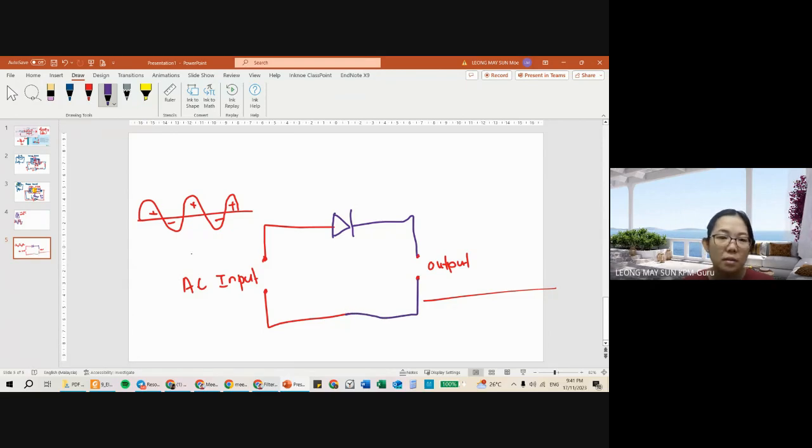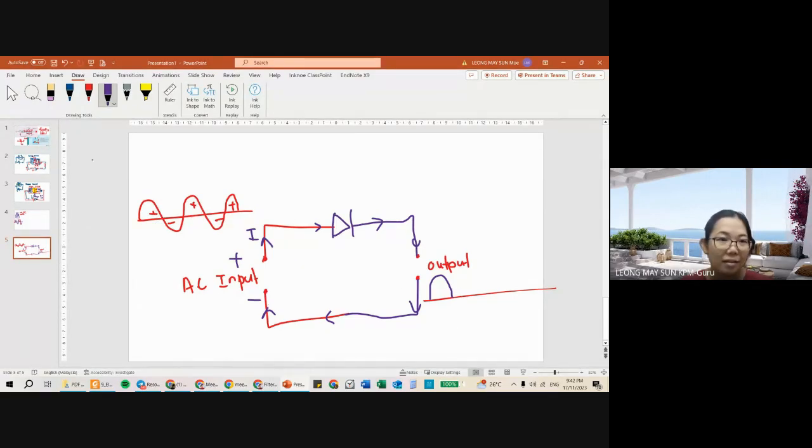When this part is positive, current will flow from the positive towards the negative. When the top part A is positive, the direction is the same, so it's a forward bias. Current will flow towards the output and then back to the negative terminal of the input. So the top part will appear at the output.